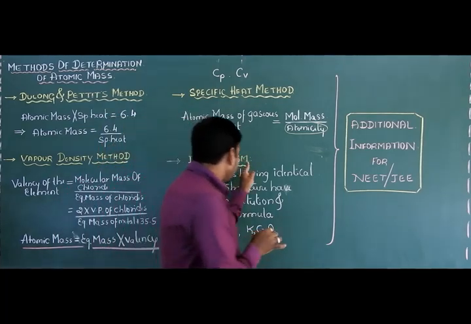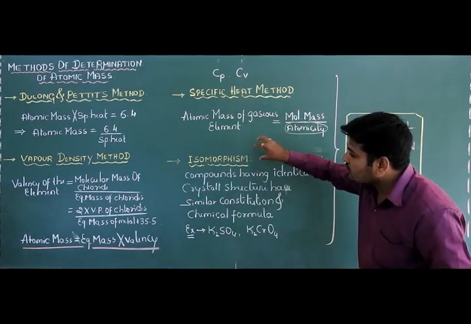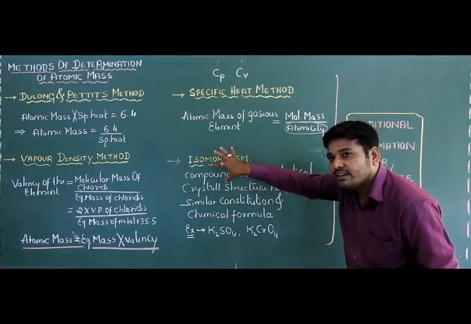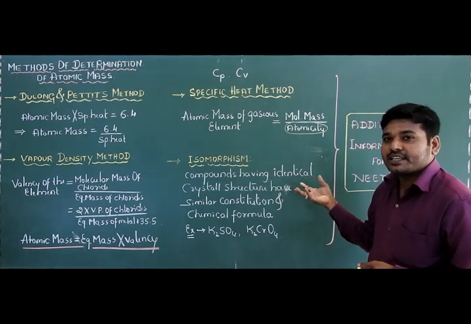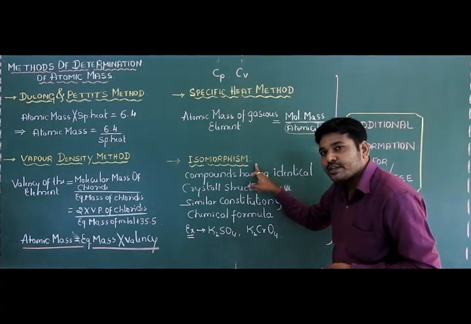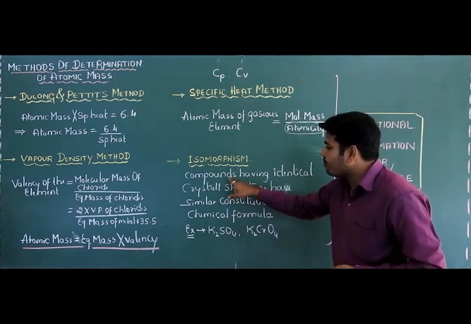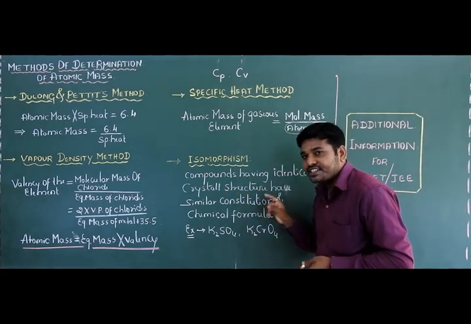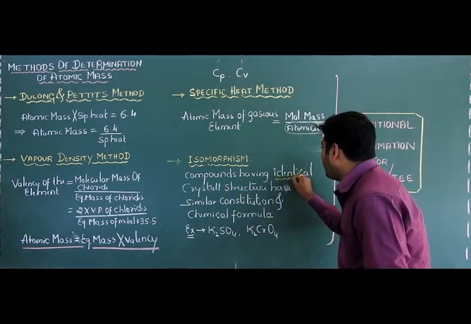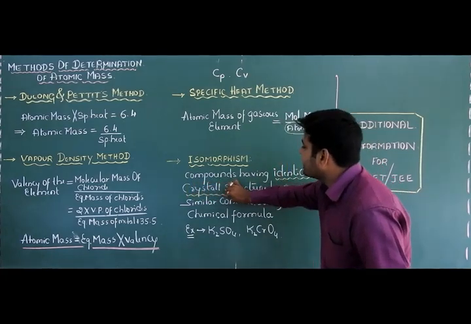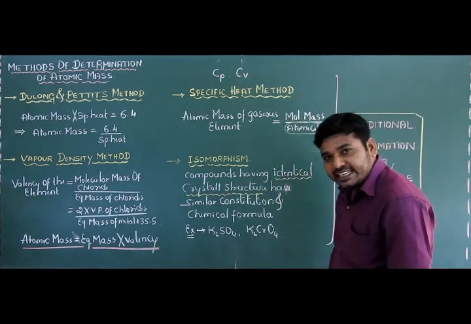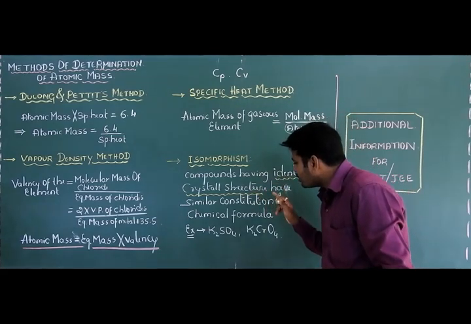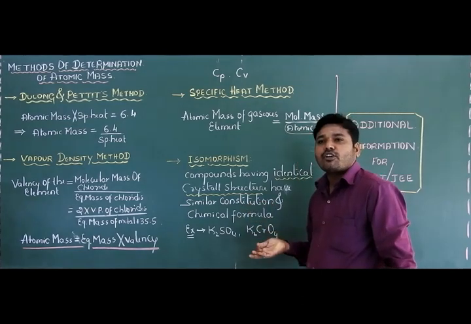And according to this law of isomorphism, it states that compounds having identical crystal structure, listen to the word carefully, compounds having similar or identical or the same crystal structure have similar constitution and chemical formula.